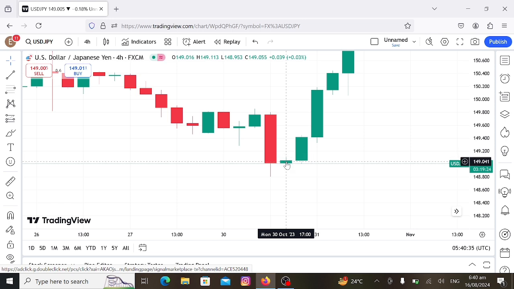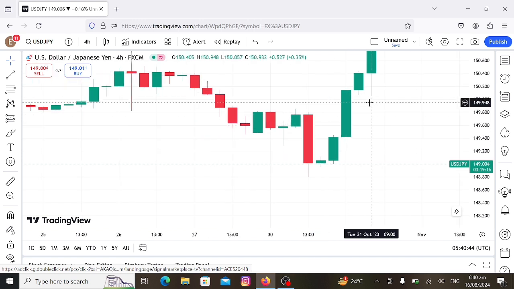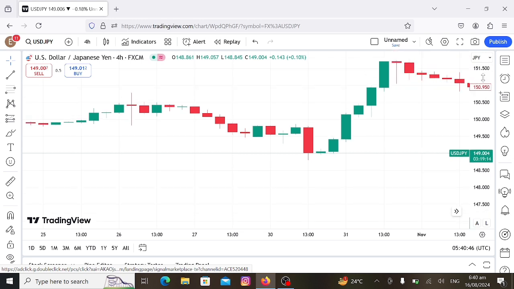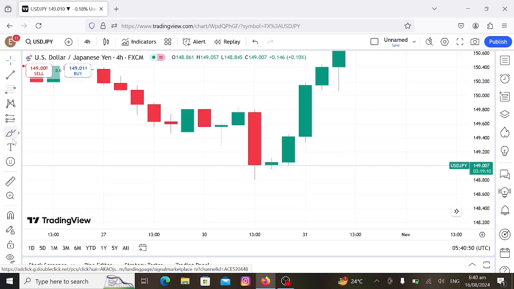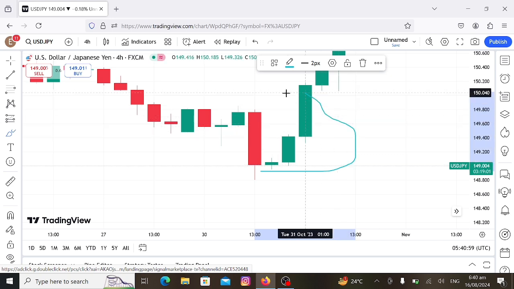Then the next you see a bullish move, and up we go. So this is basically how it looks. This is how a doji candlestick looks. It's a money star.